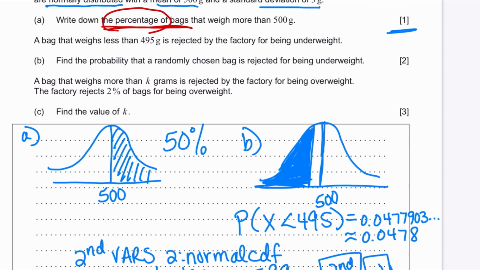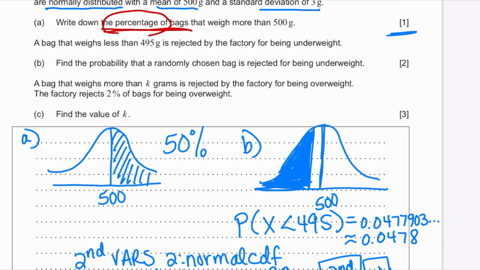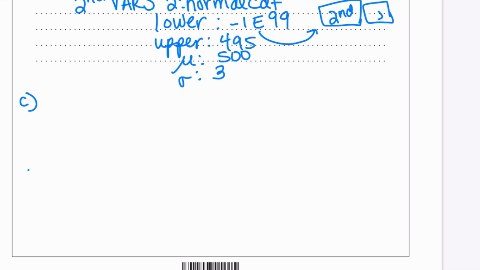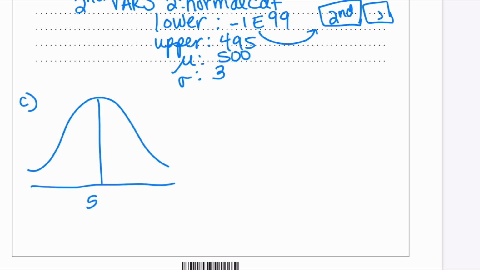In part C, it says a bag that weighs more than K grams is rejected by the factory for being overweight. The factory rejects 2% of bags for being overweight. Find the value of K. Once again, I'm going to draw a little sketch to show what it is that is happening. Here is the mean, which is 500.